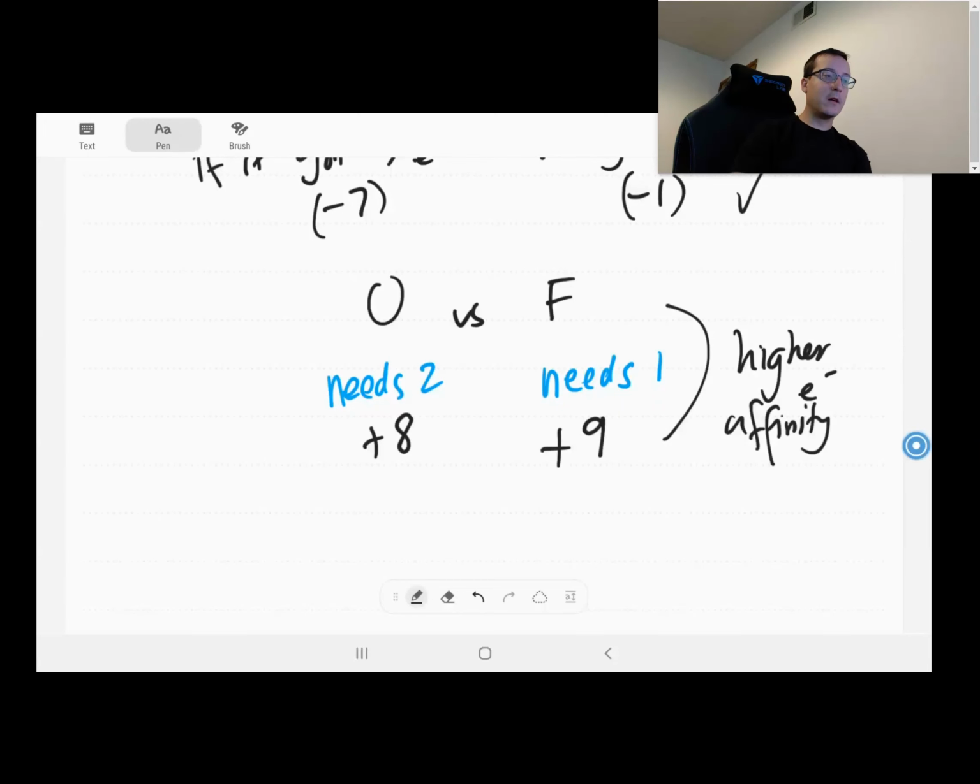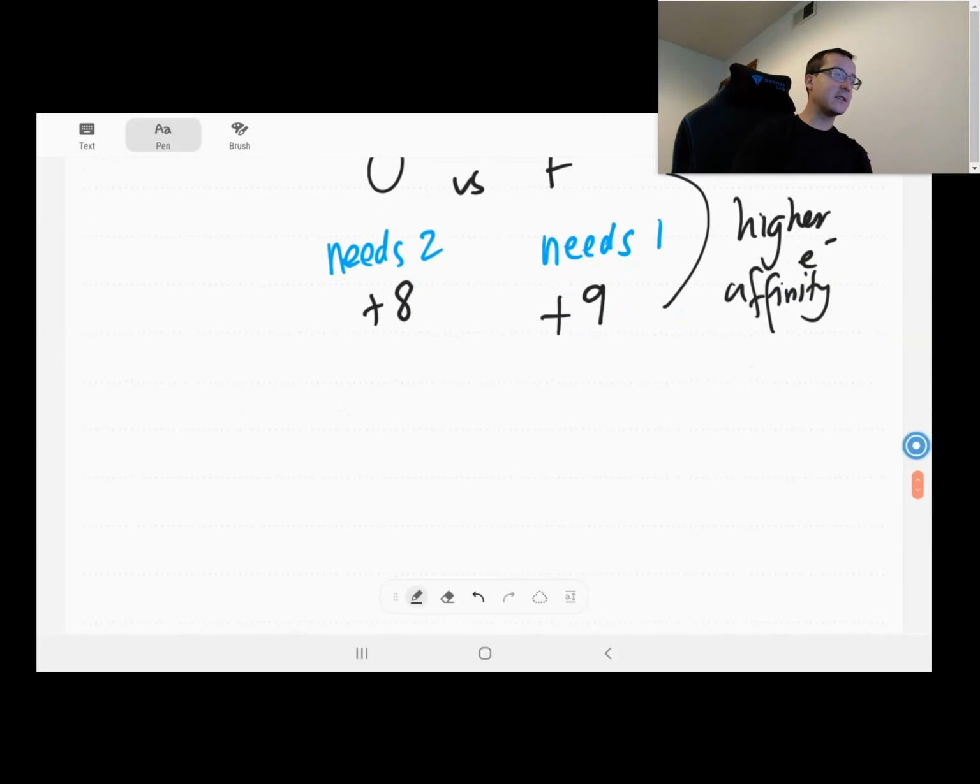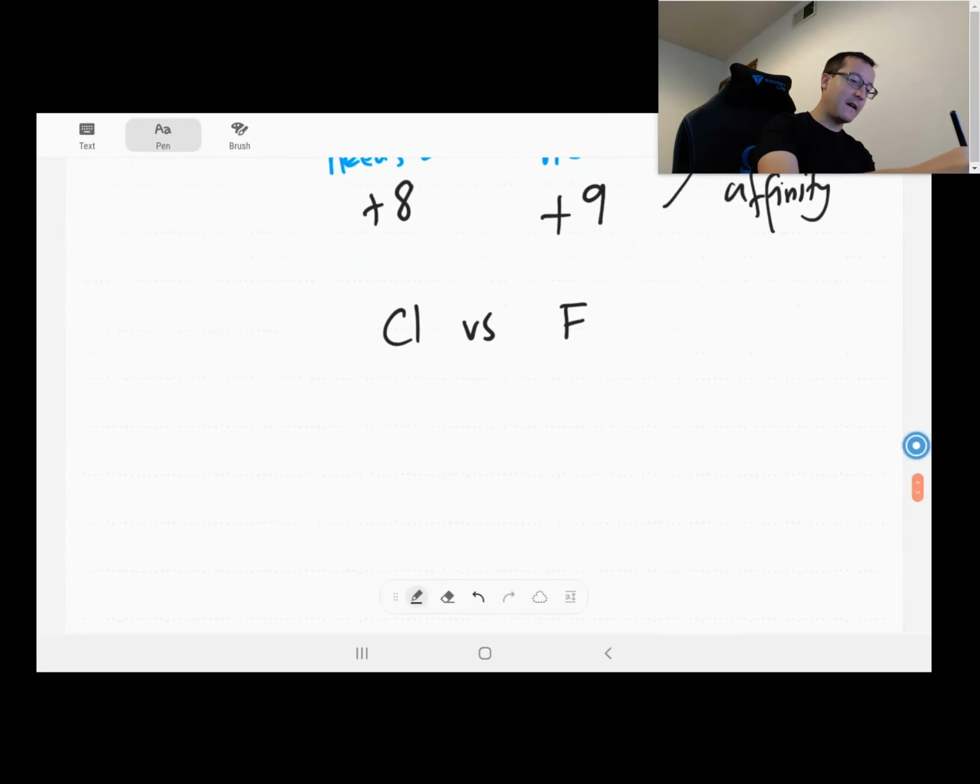Alrighty, let's do one more comparison. Let's compare these two guys. Okay, I'm going to go ahead and draw them out here.